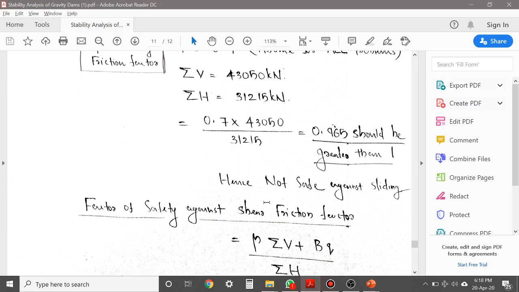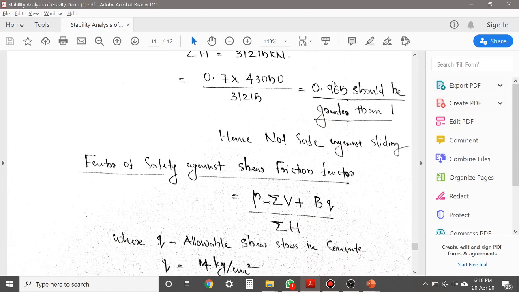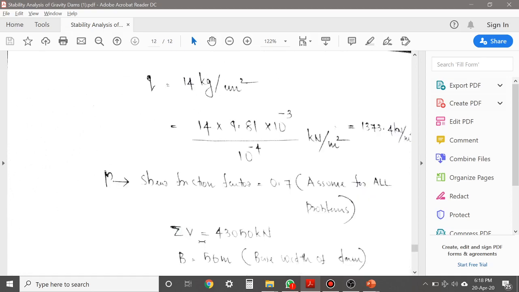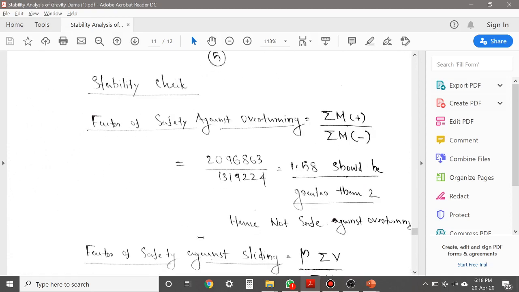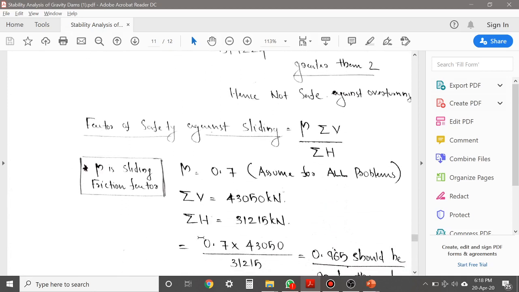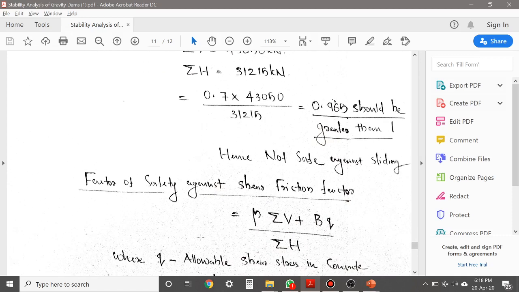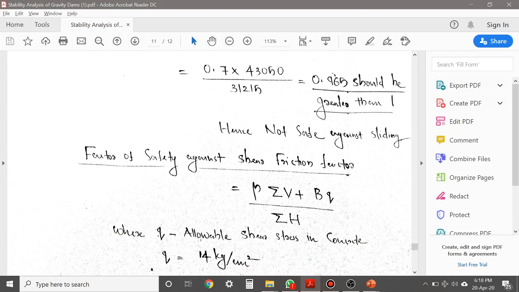Now coming to the next factor, that is factor of safety against shear friction. This is the equation. An additional term is small q, where small q is the allowable stress in concrete.